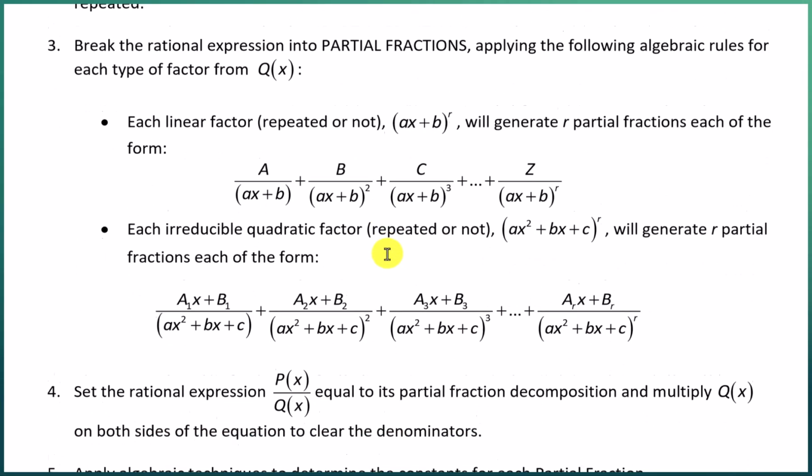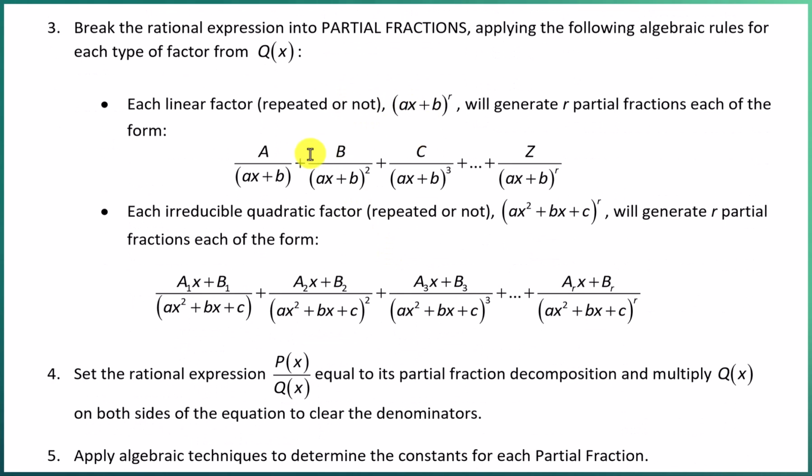Then this is the theory that we're going to work with. We're going to break that rational expression into what we call partial fractions, applying the following algebraic rules for each of the types of factors in the denominator. Each linear factor will create a partial fraction of one of these forms. So for example, if I have a linear factor, and let's just say it's not repeated, if this r were 1, then we will get one partial fraction of the form A over ax plus b.